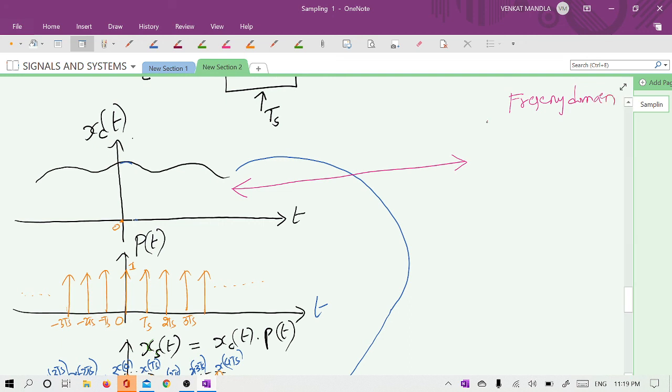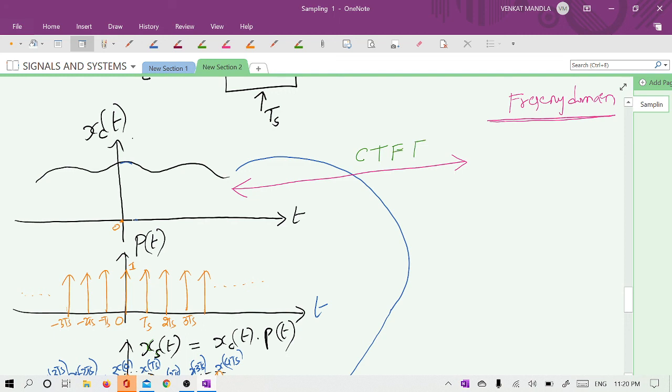What do I have to do to know the frequency components present in these time domain signals? What transform do I have to apply? This is in the continuous time domain, and the signal is not periodic. Then we have to apply the CTFT, the continuous time Fourier transform.